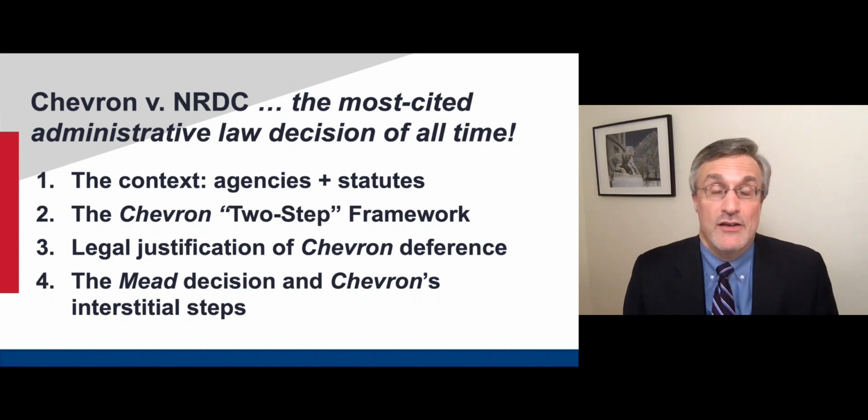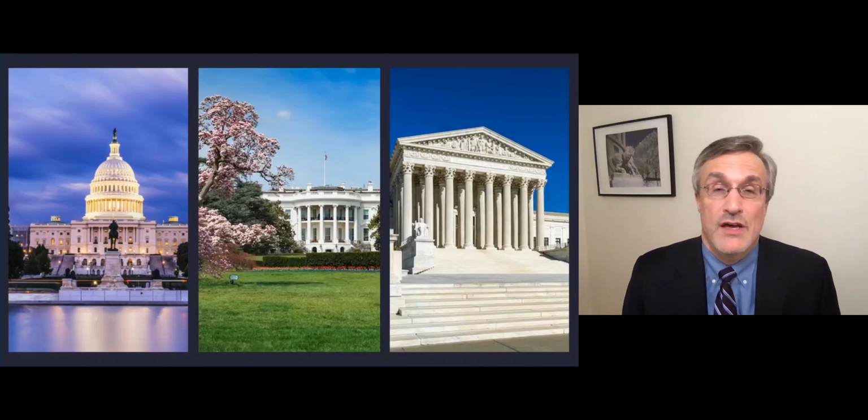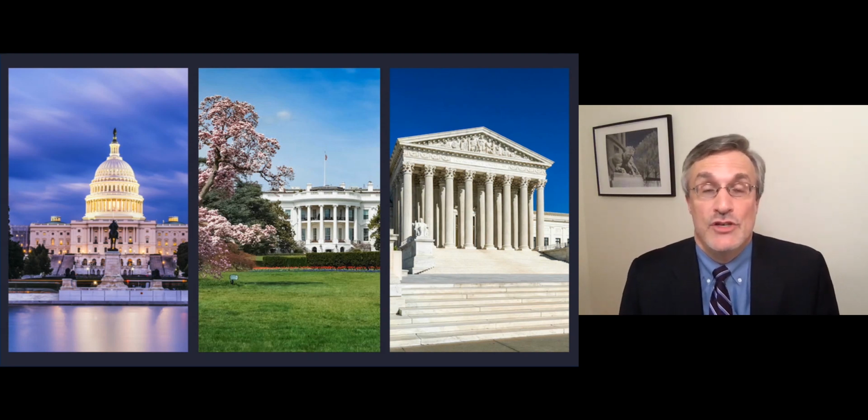So let's get started. Just to orient ourselves, think about the federal government, as we all know, comprising three branches. Article 1 of the Constitution speaks of a legislative branch, Article 2 of an executive branch, Article 3 of a judiciary.